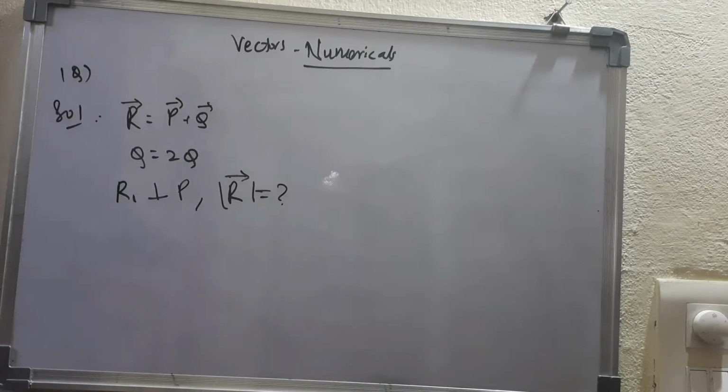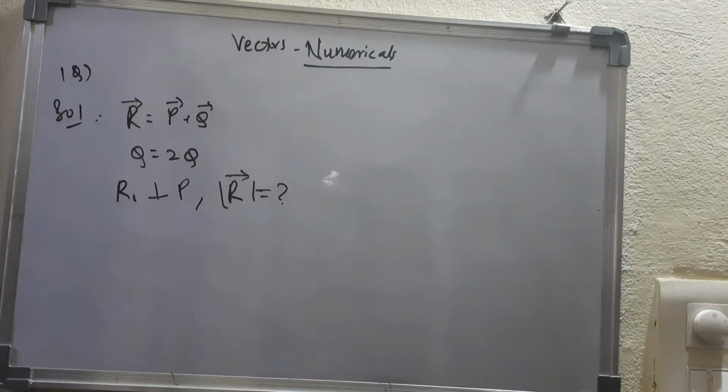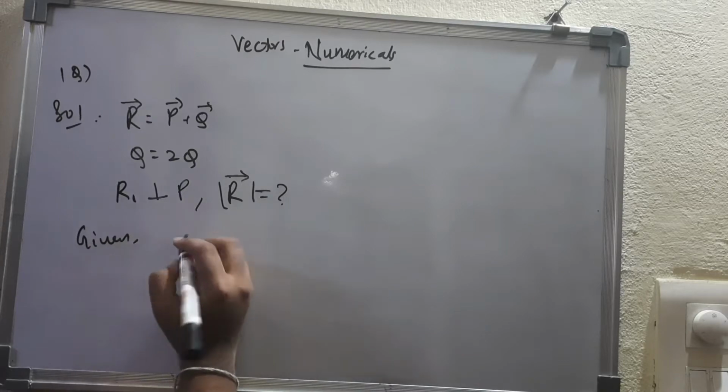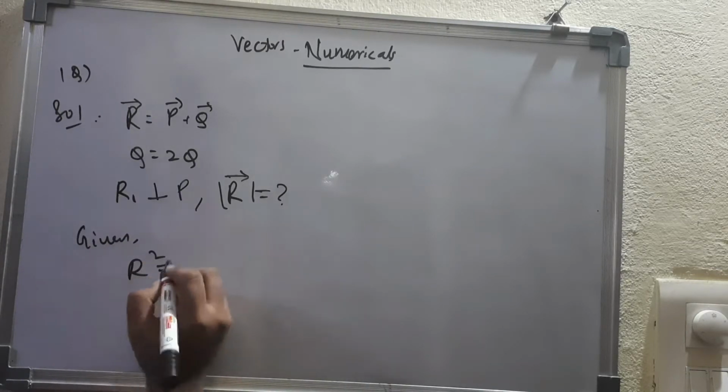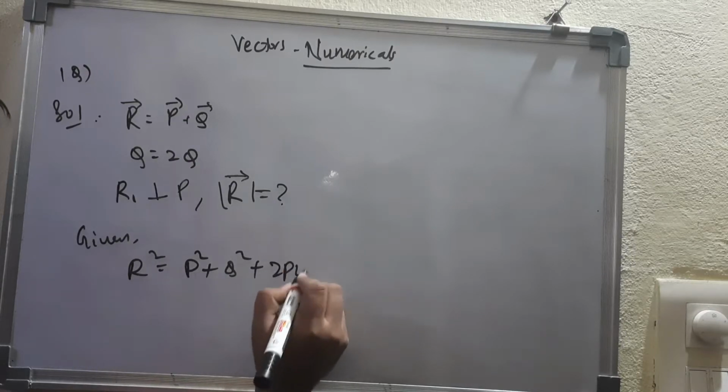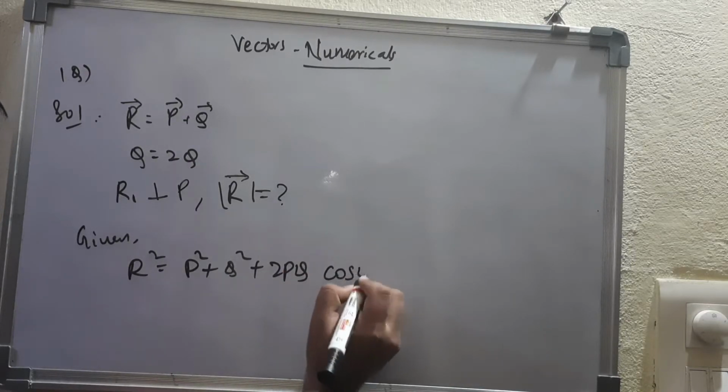So, as given, r square equals p square plus q square plus 2pq cos theta.